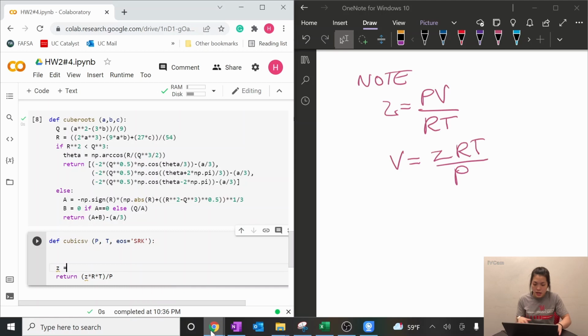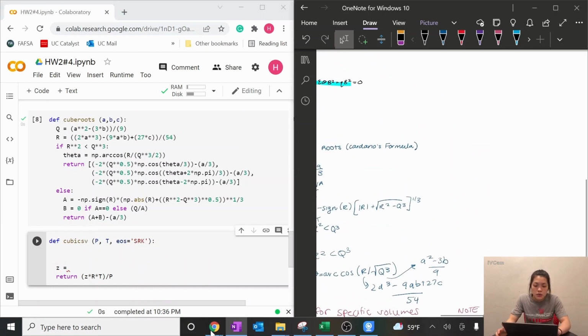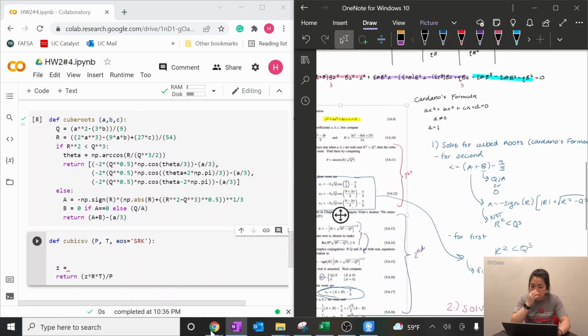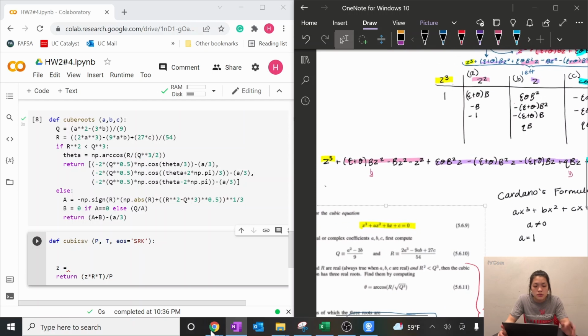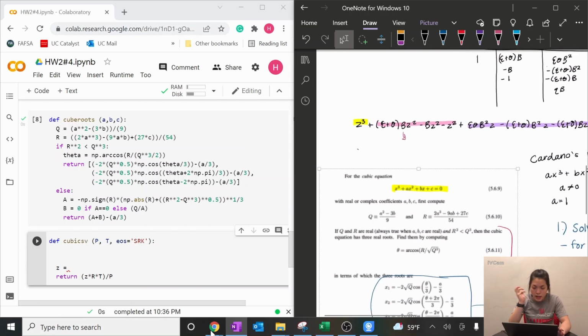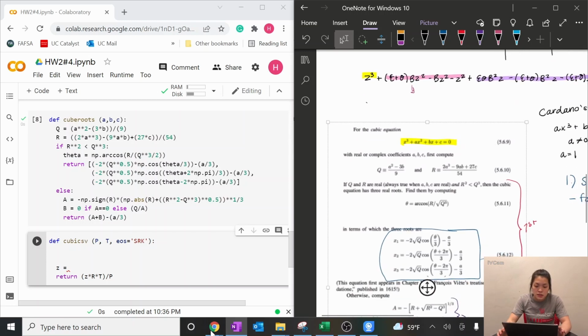So this is when the polynomial equation that we derived in the previous video and that we went over at the beginning of this video comes into play. This is how we are going to solve for the compressibility factor, or at least tell Python what the compressibility factor is.